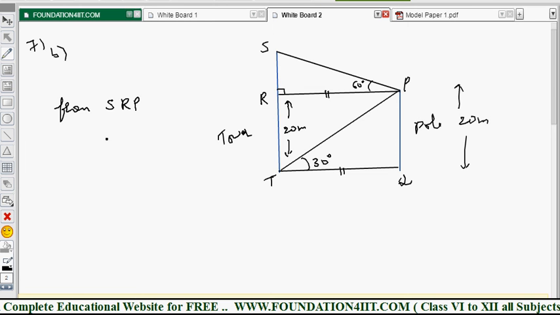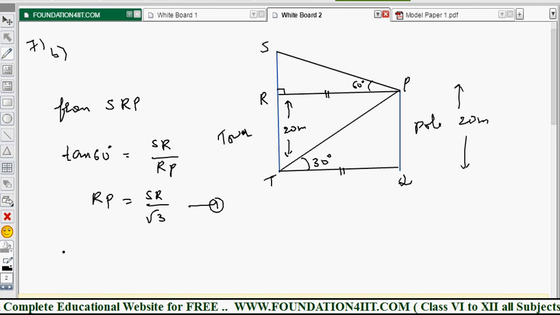From SRP, tan 60 is equal to SR by RP, right? Tan 60 is root 3. Then RP is equal to SR by root 3. Let it be equation 1.